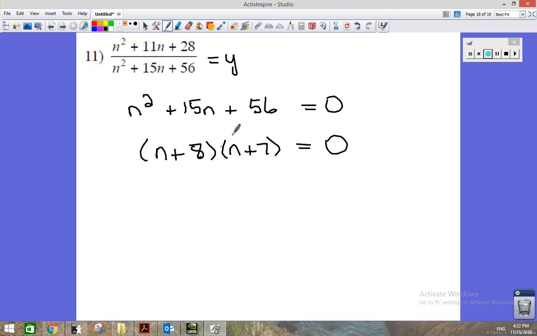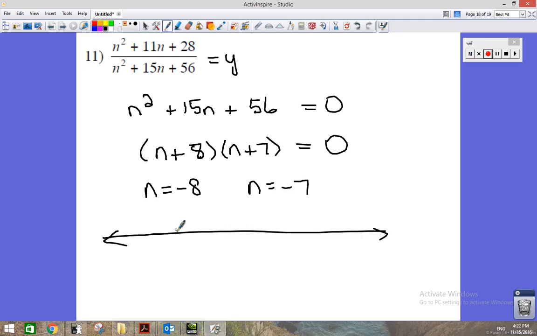They multiply together to give me 56, or at least I hope they do. Negative 8 plus positive 8 gives me 0. Negative 7 plus positive 7 gives me 0. Negative 8 is smaller to the left of negative 7. I need to exclude these, but all the other numbers, they don't satisfy this equation. They do not cause this to equal 0.